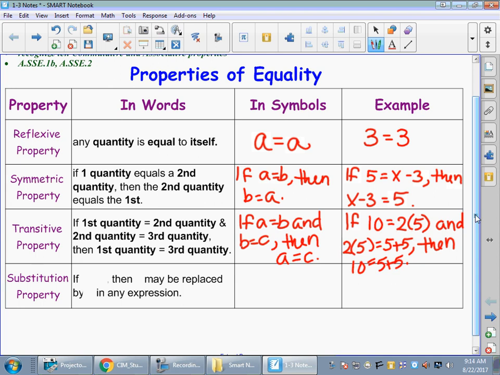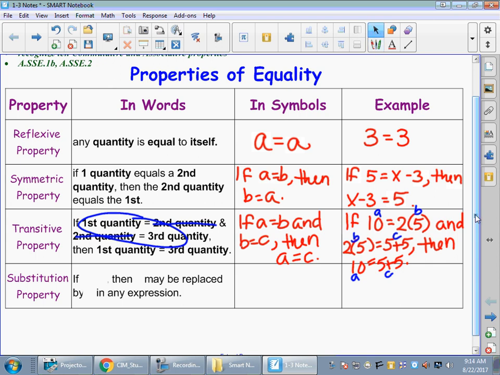So notice what I did there is I took the first quantity, set it equal to the second. Here's your A. Here's your B. Then I took the second quantity, B, and set it equal to a third, C. And in the end, we said A is equal to C. So it sort of just eliminates that second quantity. The second quantities kind of cancel out, and you're left with the first and the third.